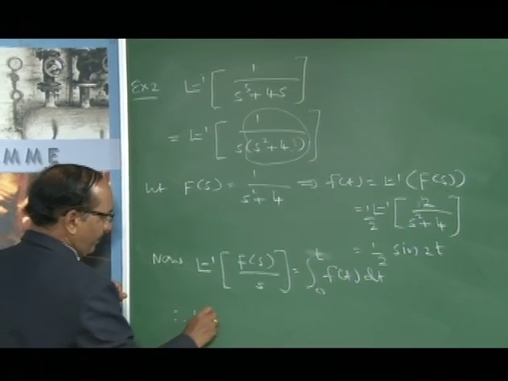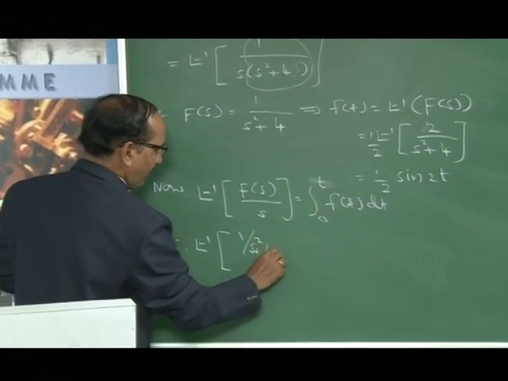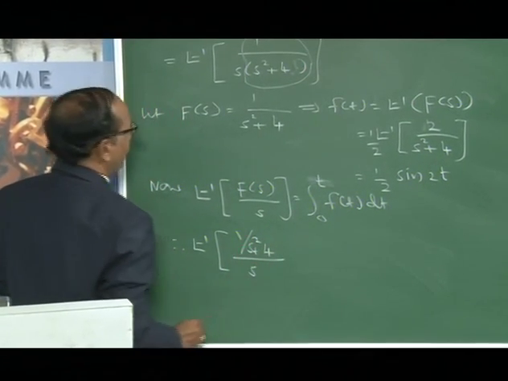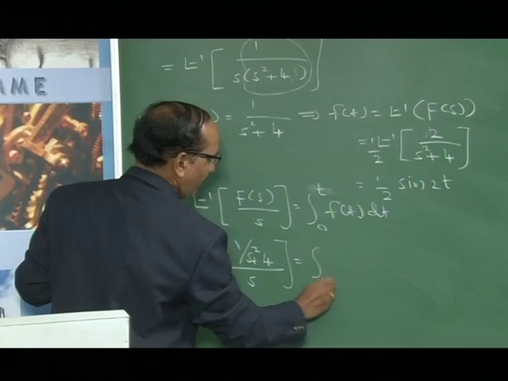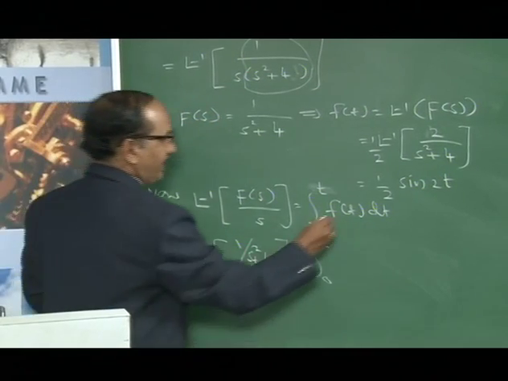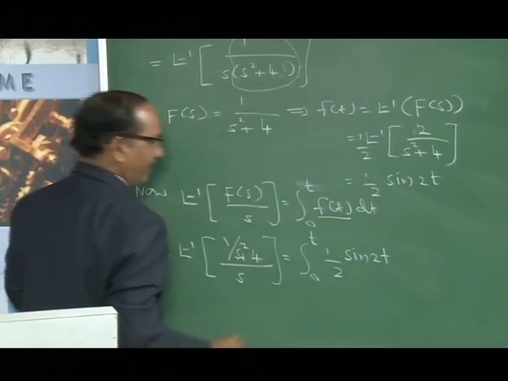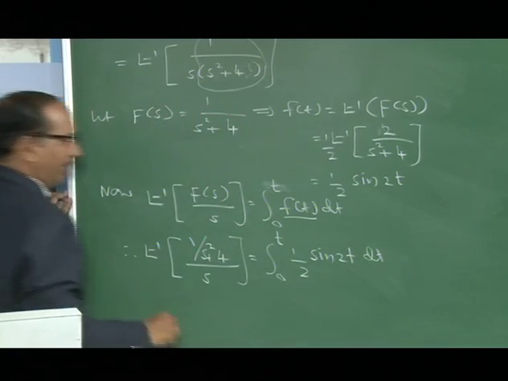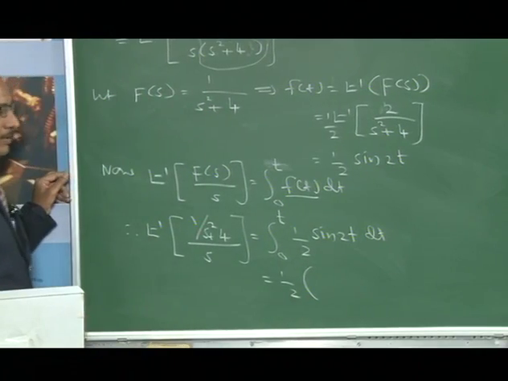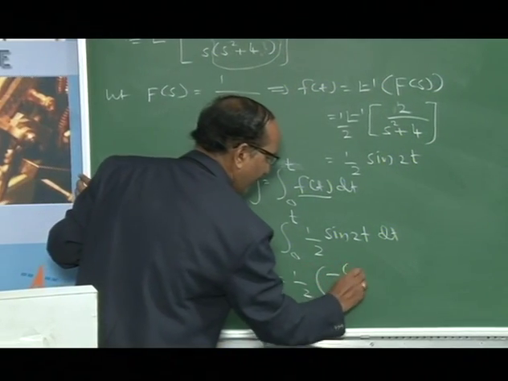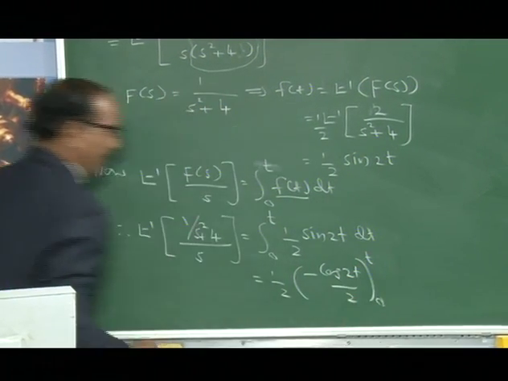Therefore, L inverse of F of s, we considered 1 divided by s square plus 4, divided by s, combining these two, that is the main problem, is equal to the integral from 0 to t of f of t, which is obtained already, 1 upon 2 sin 2t dt. Integrating sin 2t, 1 upon 2 integration of sin 2t is minus cos 2t divided by 2, then apply the limits 0 to t.